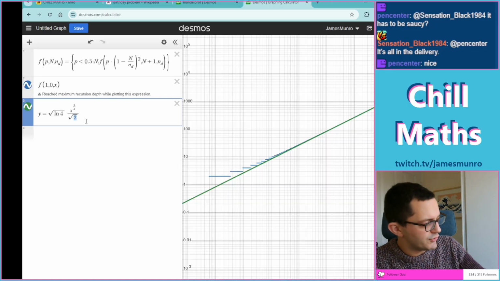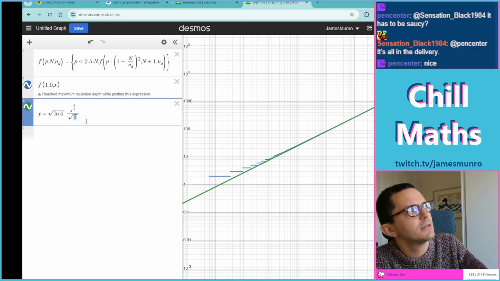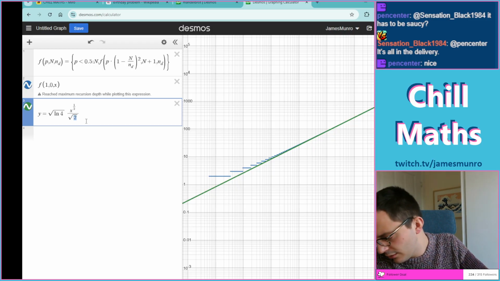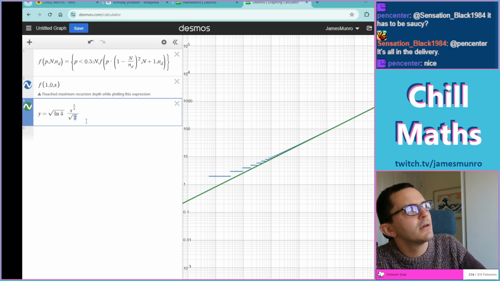Is this generically true? No, probably not, but there's maybe something to look into, right? To say, if you've got two identical distributions, what's the distribution of the minimum?